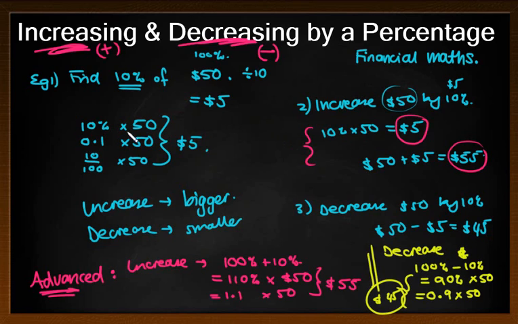As I said, this first method, method 1, is probably your usual method for most classes. But if you're looking for the advanced method, then certainly doing that calculation in one hit is great.